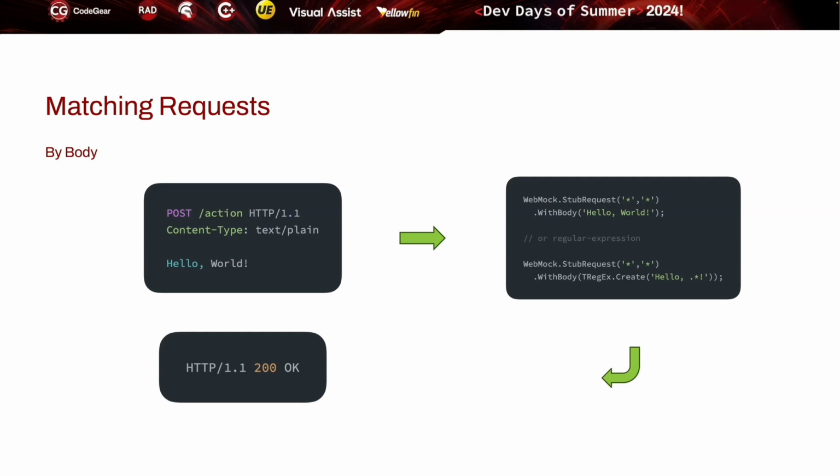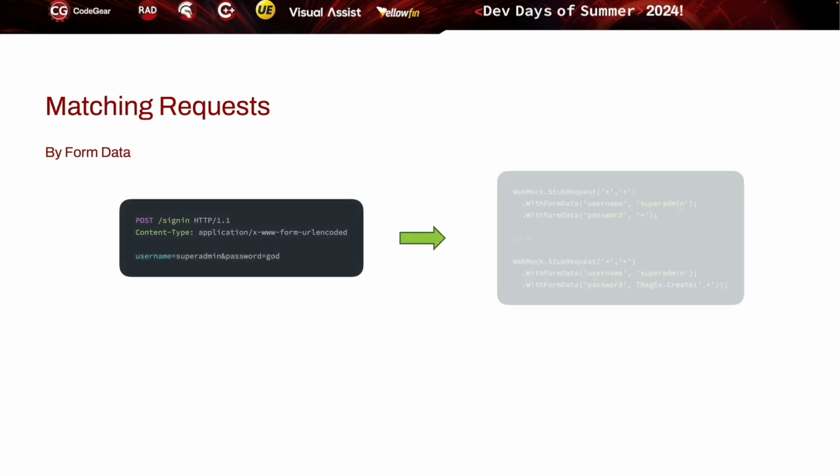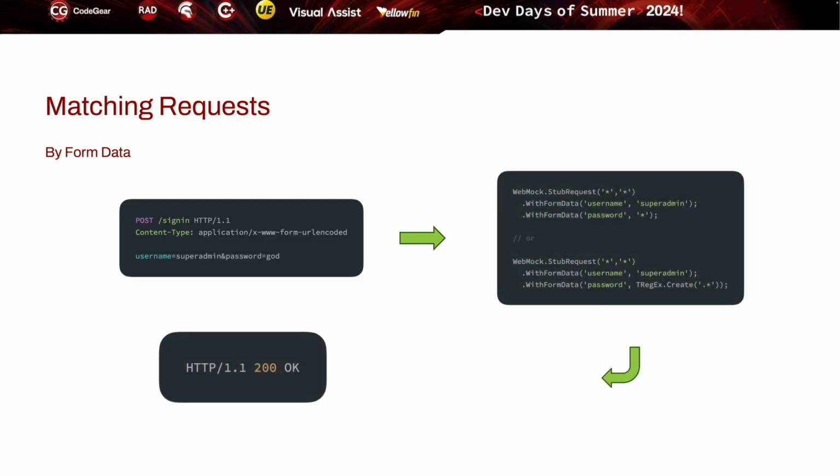But bodies are interesting because bodies can be complex data types. So the most common in web interactions, or certainly in web applications, not API applications, would be form data. So form data is like this. It's exactly the same format as your URL or URI query parameters, but the content instead is going into the body, not in the URI.